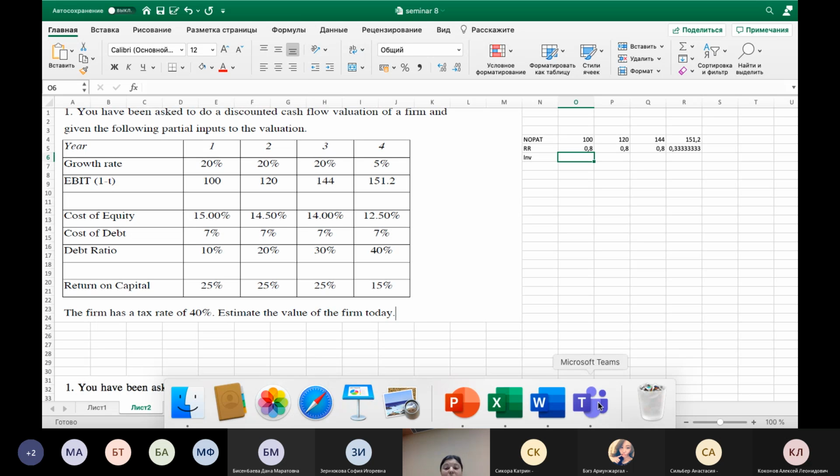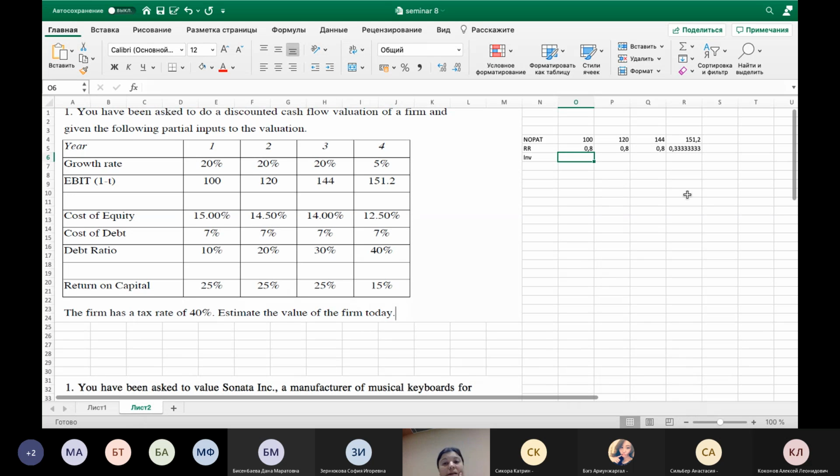How could we calculate our investments in this context?